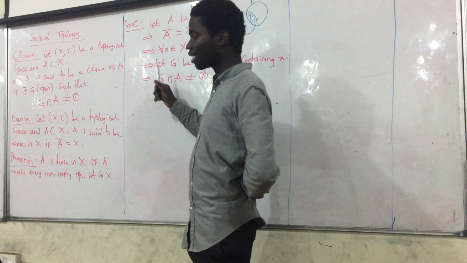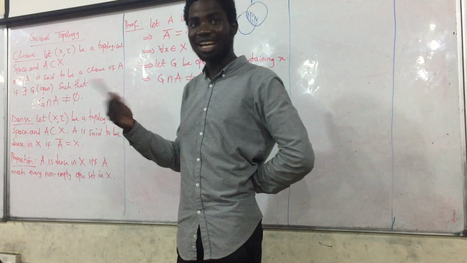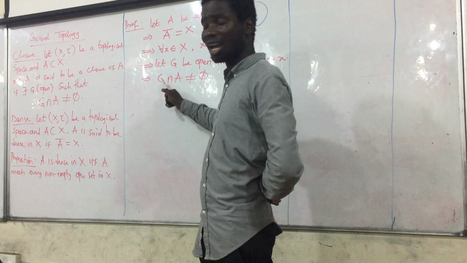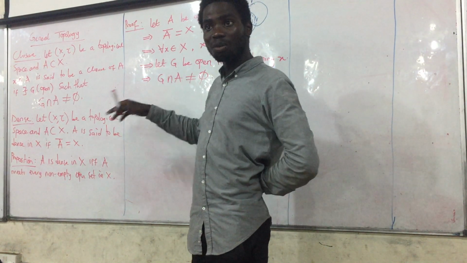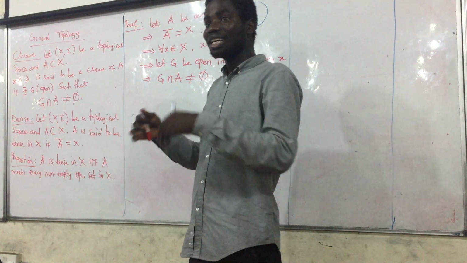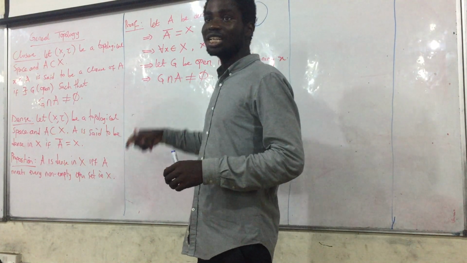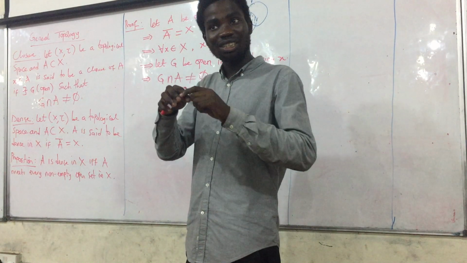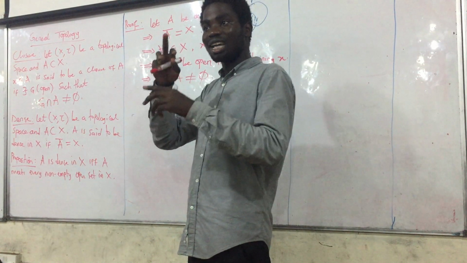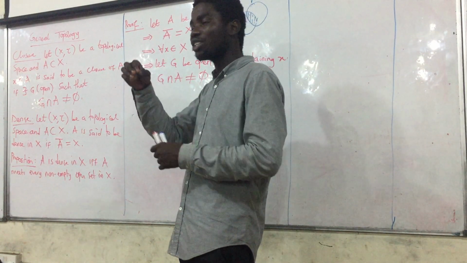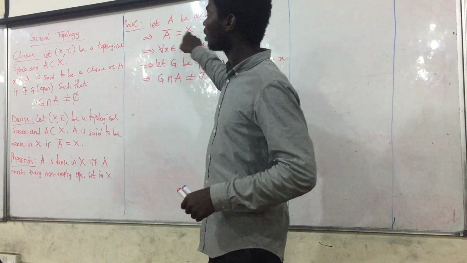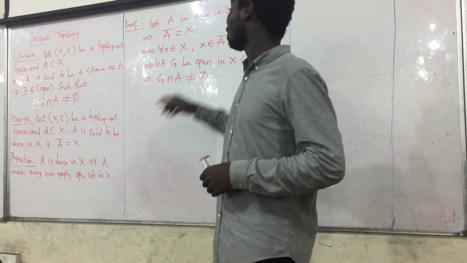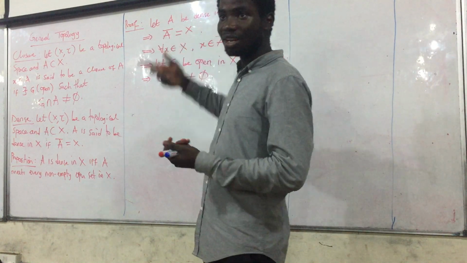And since G is an arbitrary open set in X, it takes any value of the space. That means the element in G is arbitrary in the whole set. And if it's arbitrary in the whole set and it's also in the closure, then they are equal.